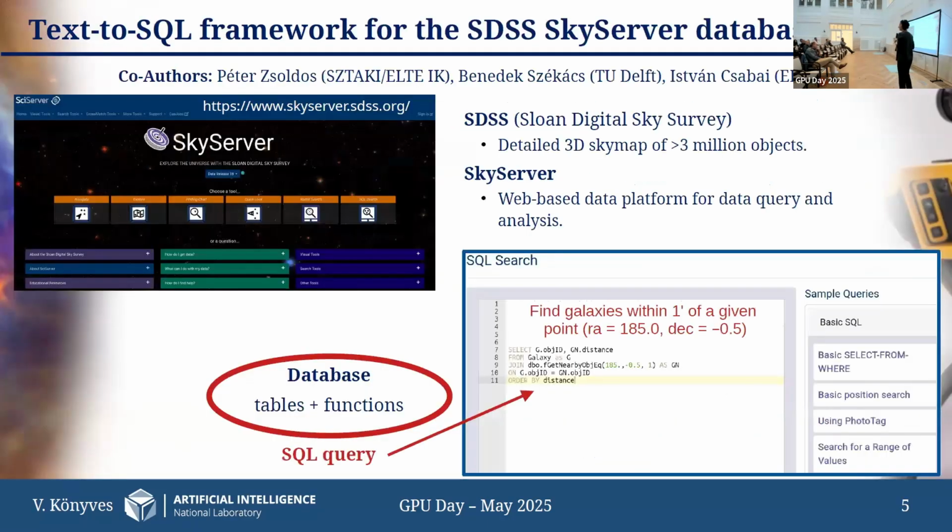Now let's jump to another astro project where we do apply AI with students. The original idea is coming from Professor Pista Csabai, who was here yesterday in the morning. The data we're using is from the SDSS SkyServer. The SDSS is an international collaboration gathering data from two American telescopes, a north and a south one.